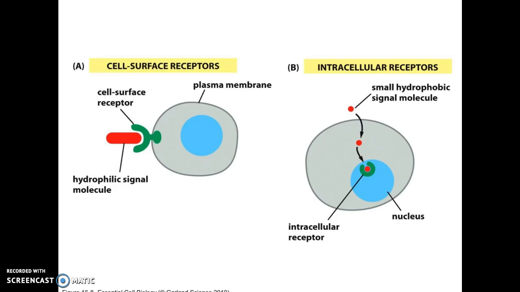So if it's a protein like insulin, then the receptor is going to have to be on the cell surface, because that peptide is not going to be able to be moved into the cell. So you're going to have a regulated release, which we saw in insulin, and then the downstream cell is going to have the receptor on the surface.